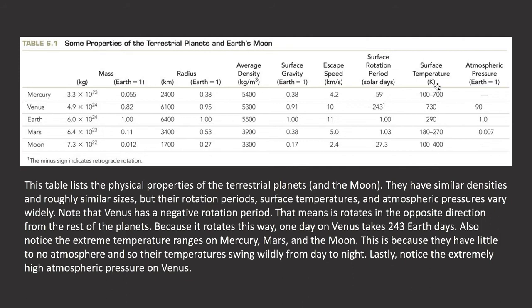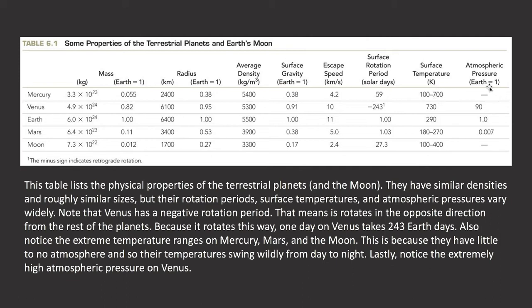Surface temperatures. Surface temperatures are widely varying among the terrestrial planets, and on Mercury it's widely varying just within that one planet. And you might be able to guess why if you think about it. Mercury is close to the sun, so you'd expect that it has very, very hot temperatures.